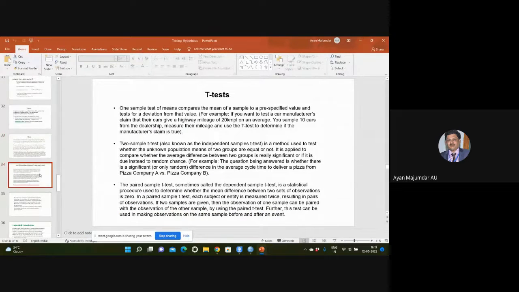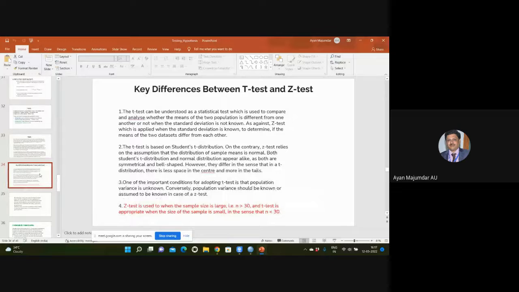Next, from t-test, we move to z-test. Now, z-test follows a normal distribution, and we will use z-test for a large sample, that means the sample size is more than 30.